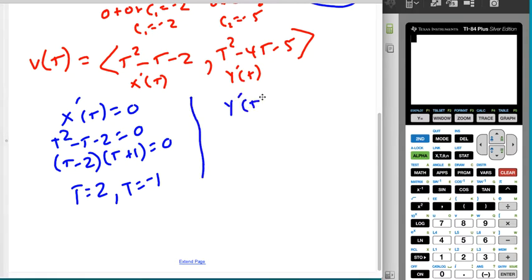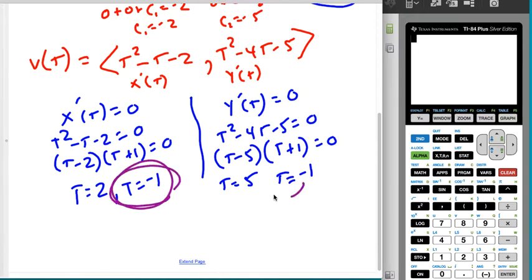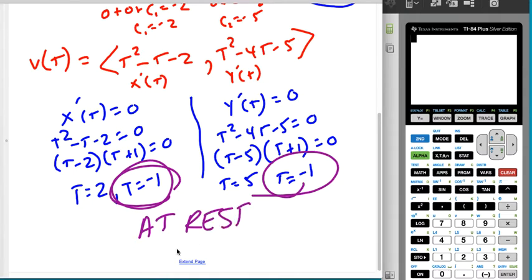Y prime of t equals 0 is going to happen when t squared minus 4t minus 5 is 0. Well, that factors into a t minus 5 and a t plus 1. So t is 5 and t is negative 1. Well, that means that the only time that this thing is at rest is at t equals negative 1.